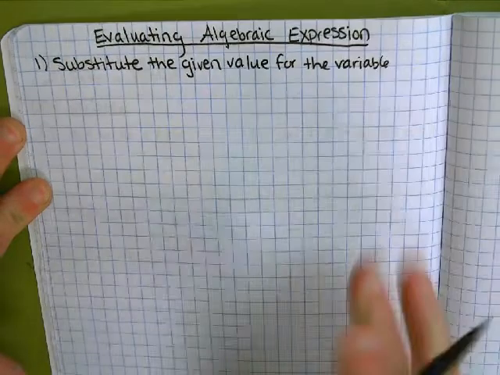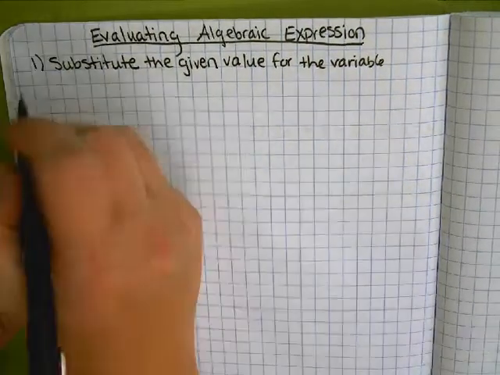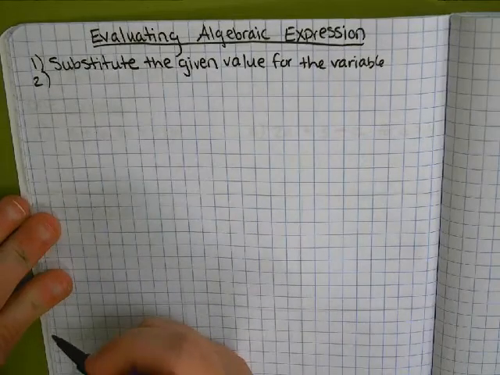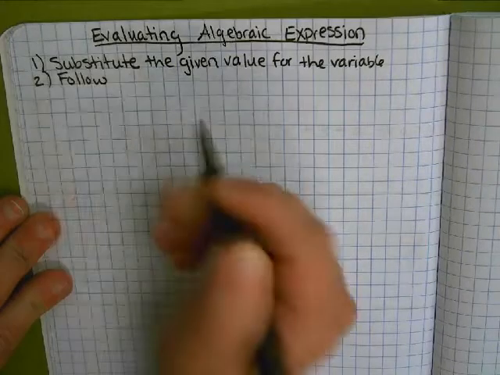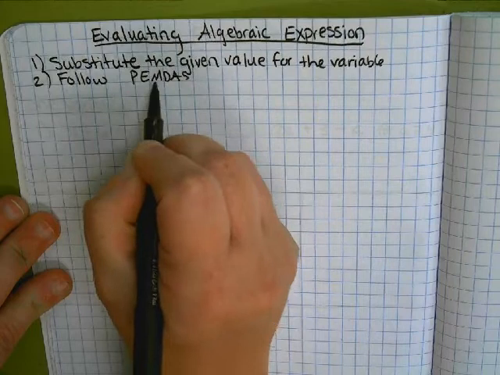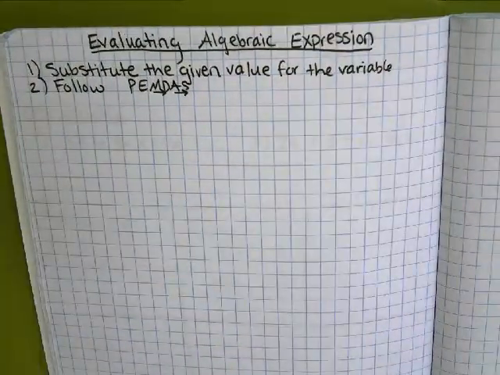And remember, the variable is just a mathematical word for a letter. And then to solve it, to evaluate it, fancy word for solving, we're going to follow the order of operations. So we're going to follow PEMDAS. And remember, both multiplying, dividing, and adding and subtracting is whichever comes first.